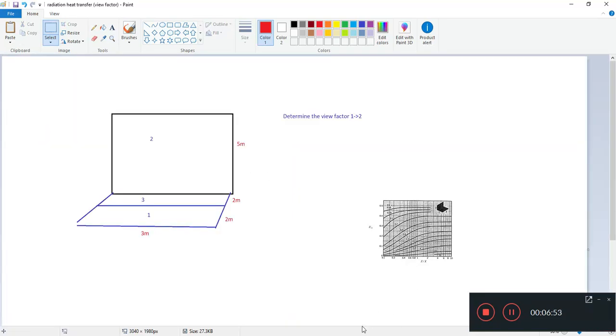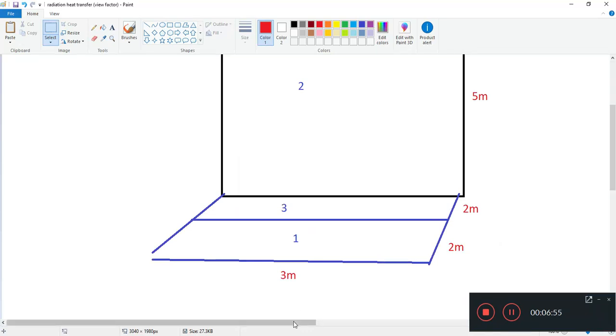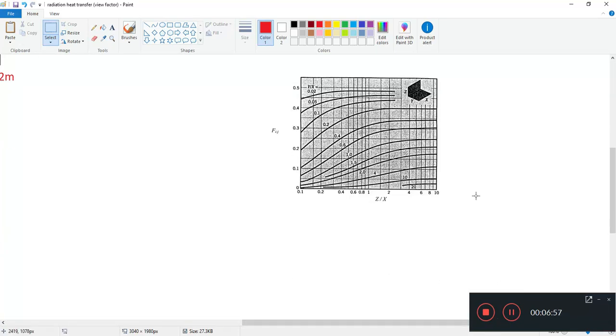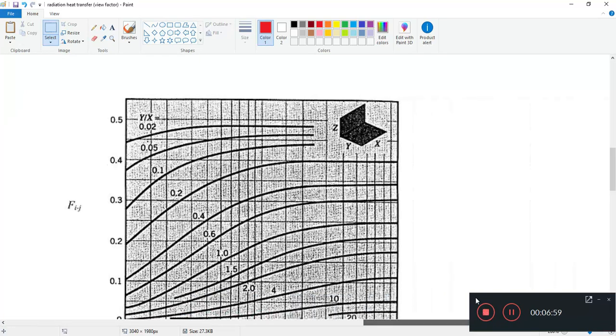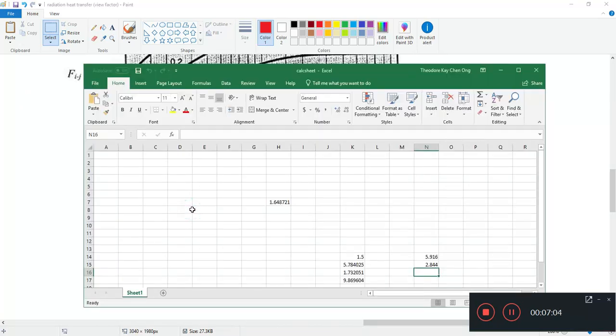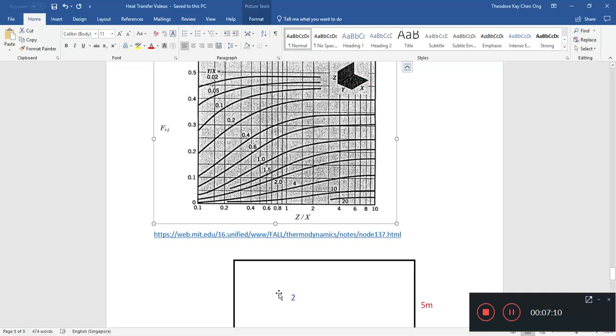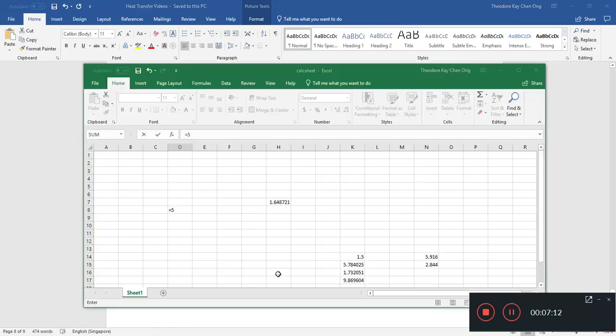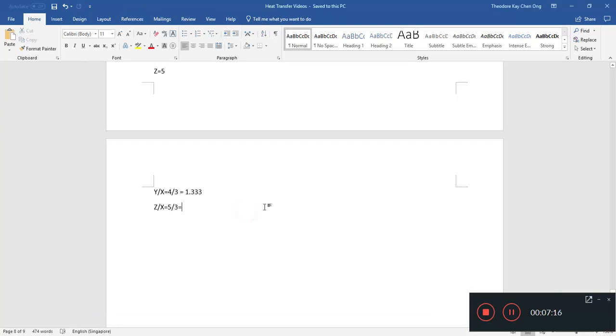Let's get our handy calculator, which I always like to use Excel. 5 divided by 3 is 1.67. So let's look for z over x equals 1.67.